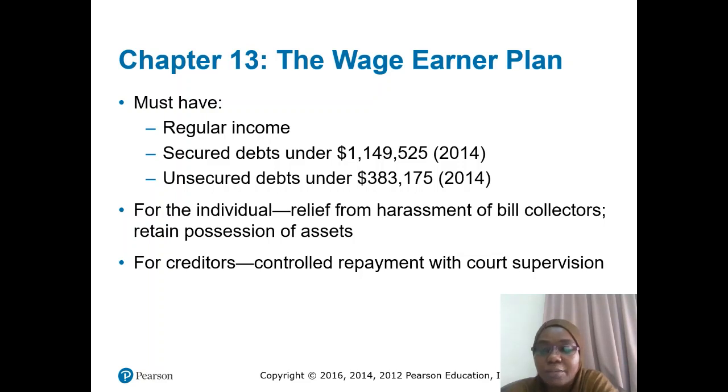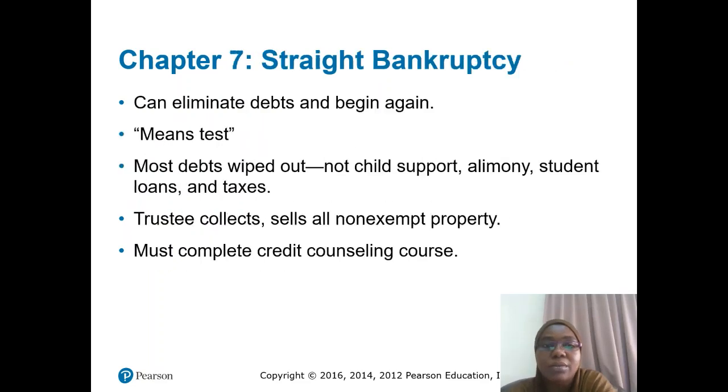If you are a wage earner, these are the ways in which you can go about it. For the straight bankruptcy, this can eliminate debts and then you begin again. Most debts are wiped out, but not the child support, for example, not the alimony, not the student loan, and not the taxes.